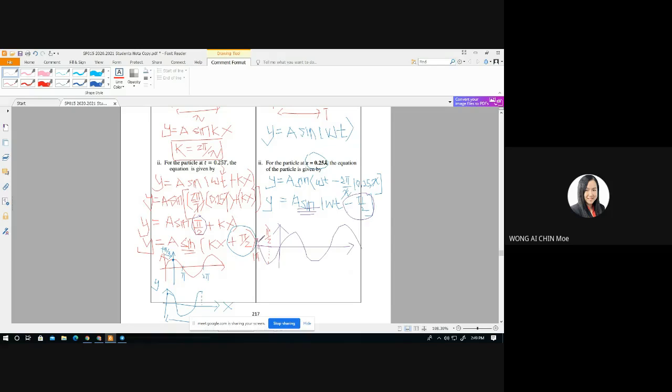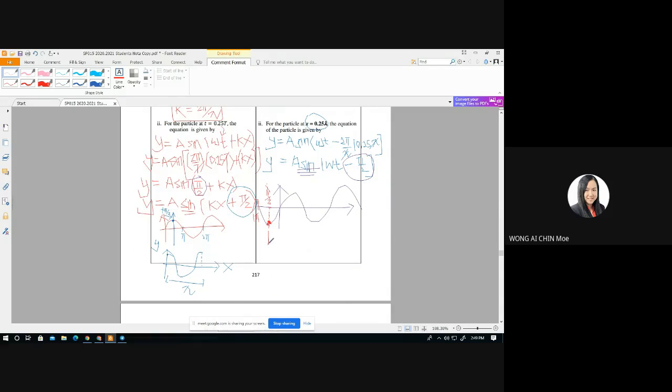So this is 1 pi. So you need to start from the bottom here. Our new graph will start from the bottom here.